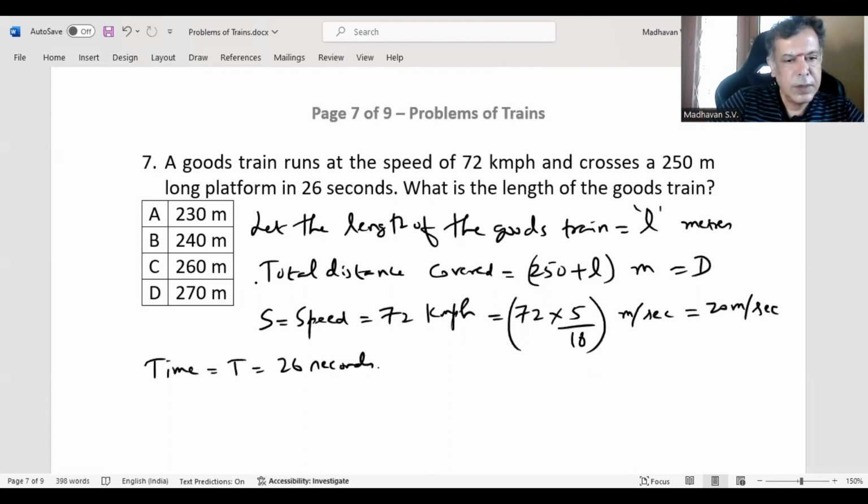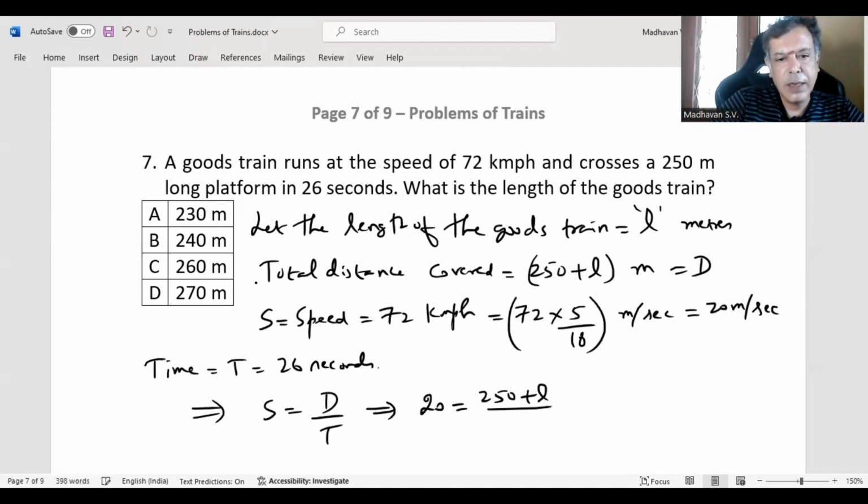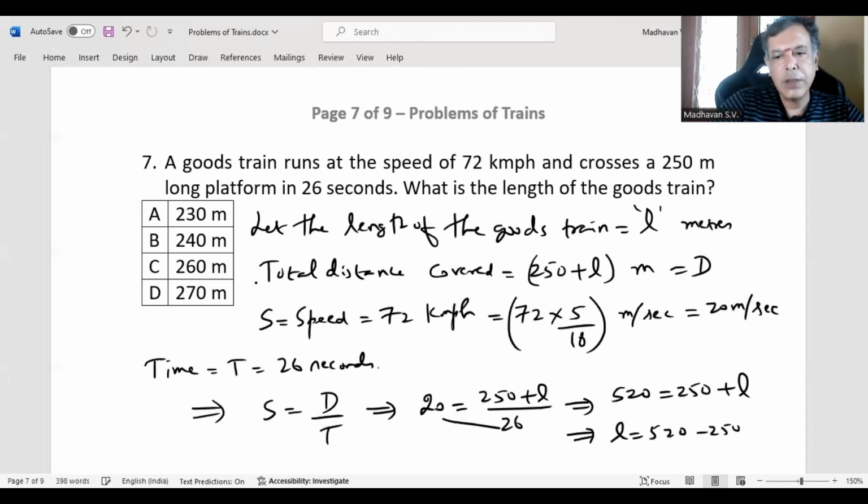So which means S, which is equal to D divided by T, will be 20 equal to 250 plus L divided by 26. Cross multiplying, we get 520 equal to 250 plus L, means L is 520 minus 250. We get 270 meter. So that is option D.